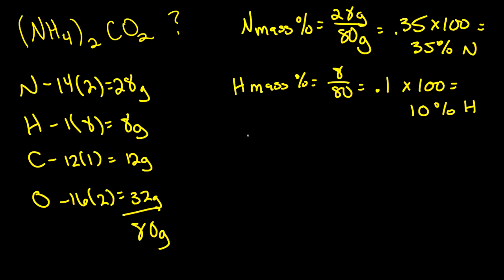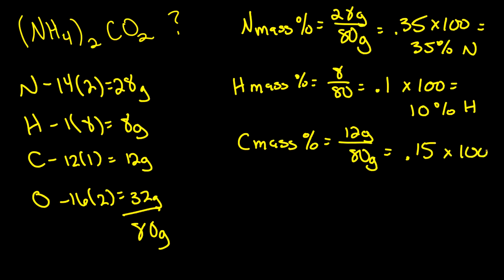Next one, got carbon. Carbon mass percent. Individual mass of 12 over the total mass of 80. 12 divided by 80 is 0.15 times 100 is 15% carbon.